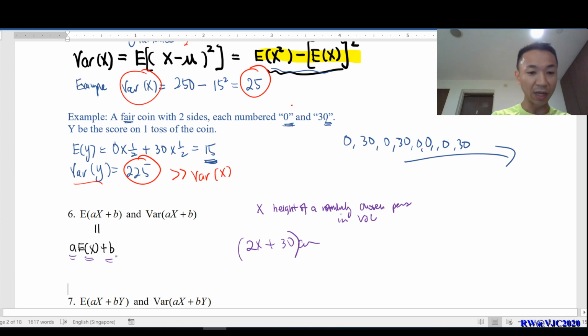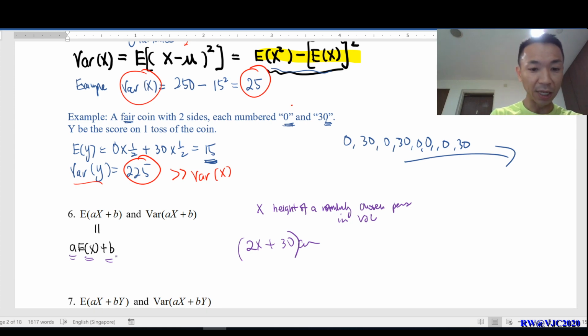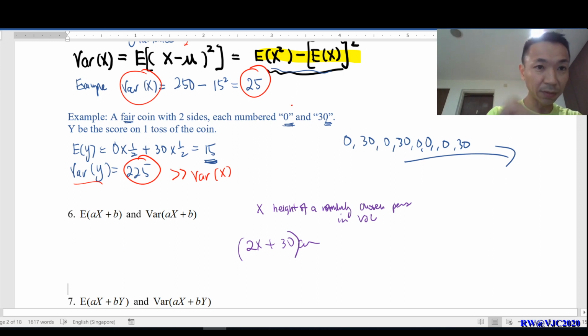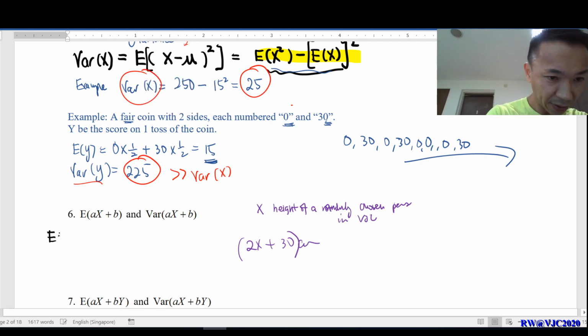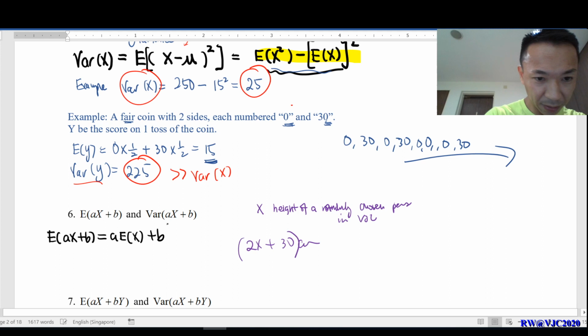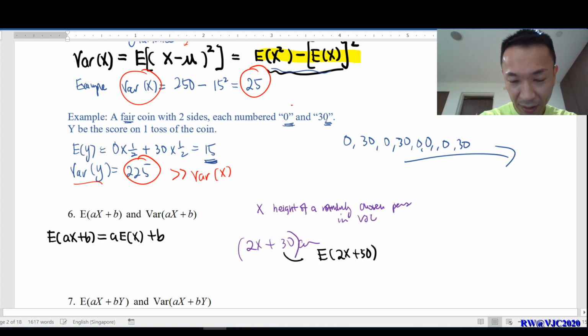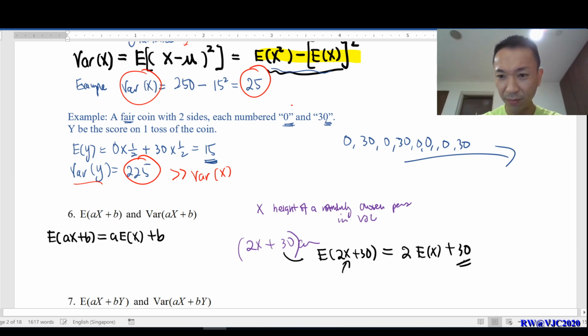So the result goes like this. The first result I want to say is this. Alright? It can be shown, but I don't intend to show it because it's quite obvious. The expected value of ax plus b is a times the expected value of x plus b. In this case, the expected value of 2x plus 30, if x is the random variable of the height of a randomly chosen person, you expect the long-term average value is 2 times the expected value of x plus 30, of course.